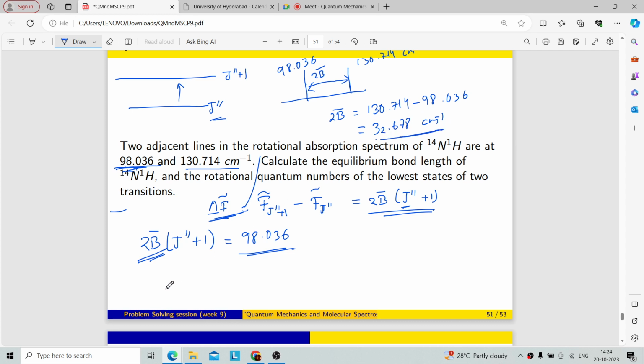Solving this gives J double prime plus 1 equal to 98.036 divided by 2B bar, and 2B bar is 32.678, so it will be equal to 3.